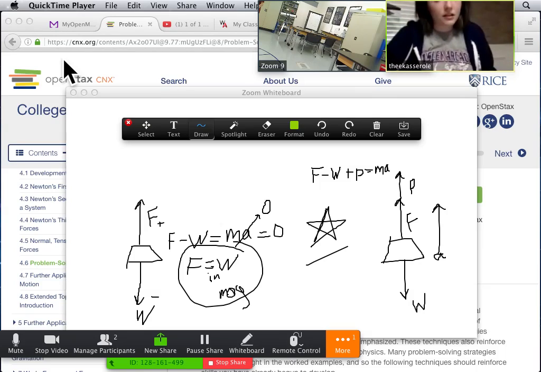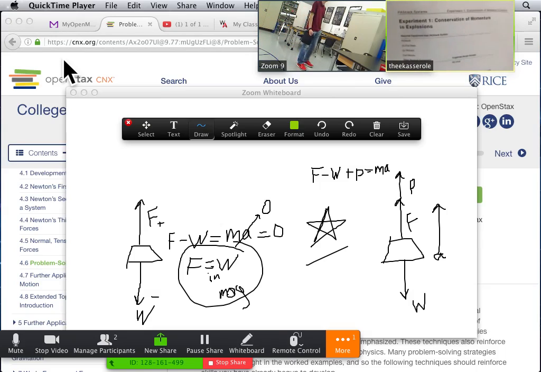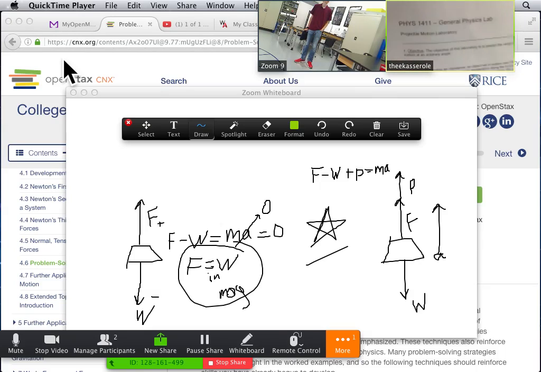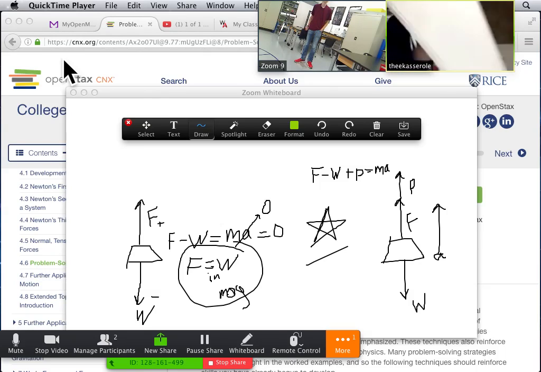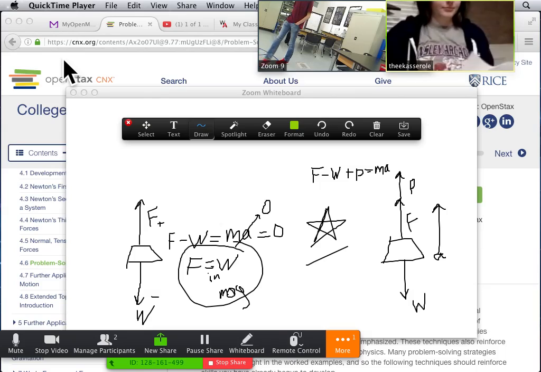And that one we could do projectile motion. What's the other one? Combining forces. Okay. So let's do the projectile lab tomorrow.